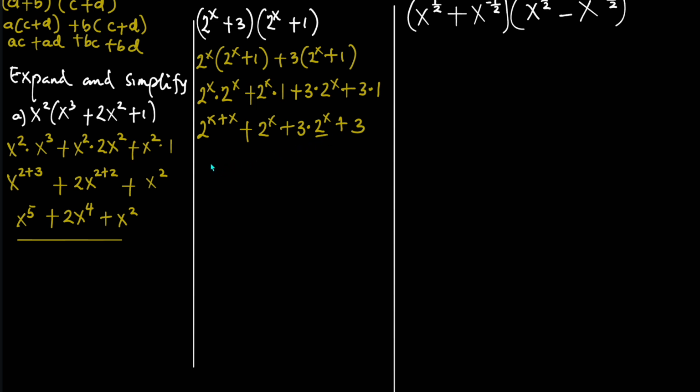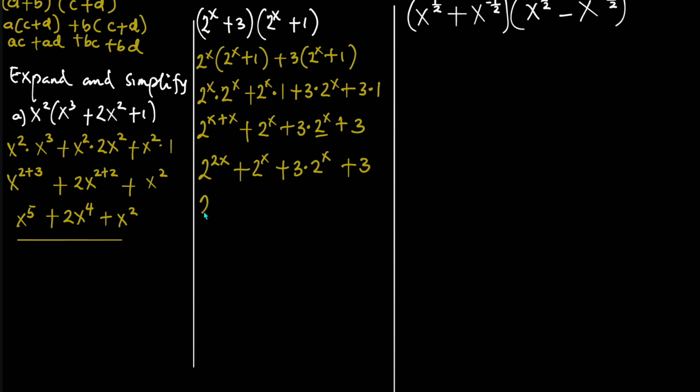So moving on, this gives 2 to the power of 2x plus 2 to the power of x plus 3 times 2 to the power of x plus 3. Now, the basic explanation to the last step we're about to take is that we have to add this and this together, because this is like 3 of 2 to the power of x, and this is 1 of it.